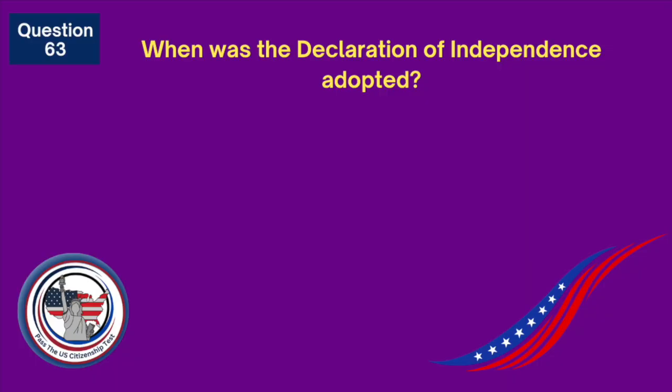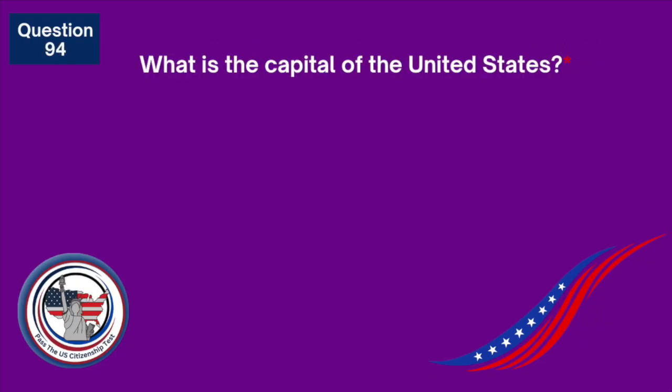When was the Declaration of Independence adopted? July 4, 1776. What is the capital of the United States? Washington, D.C.